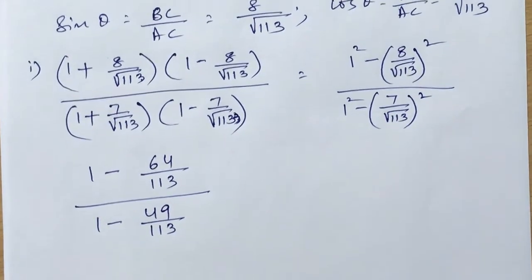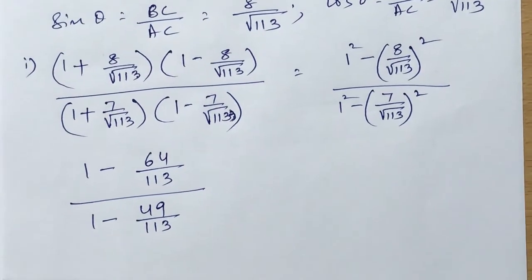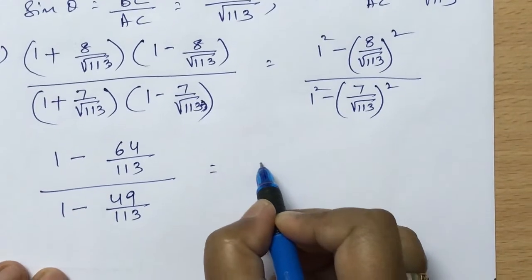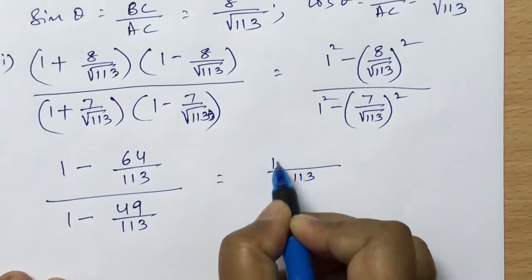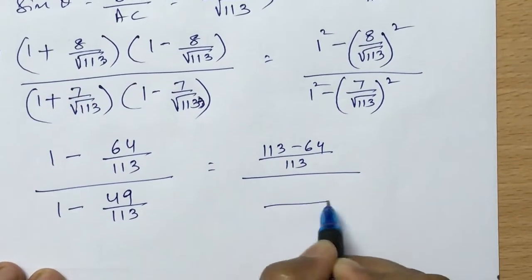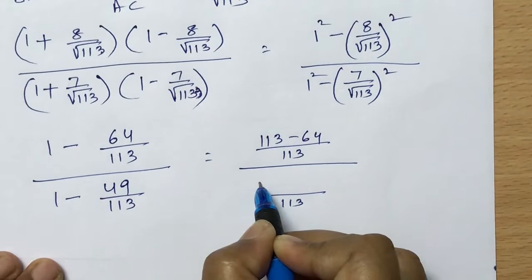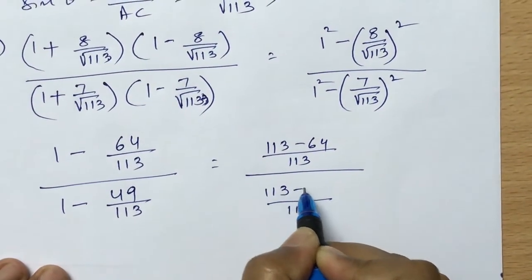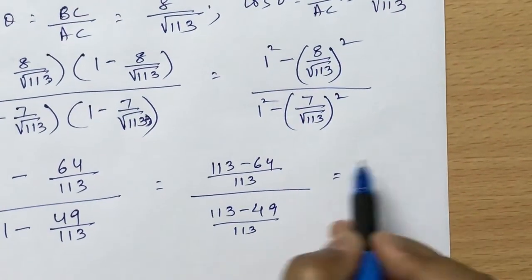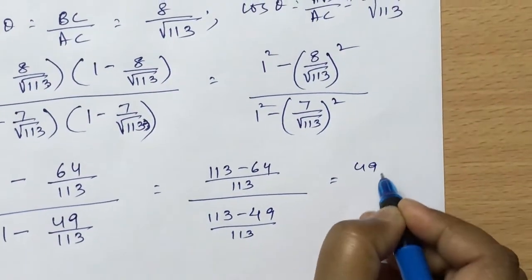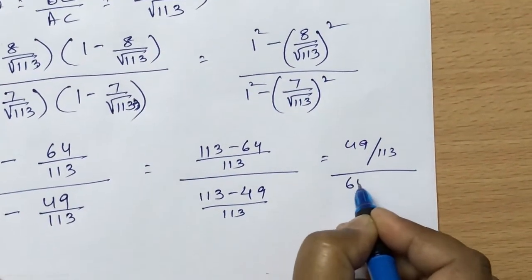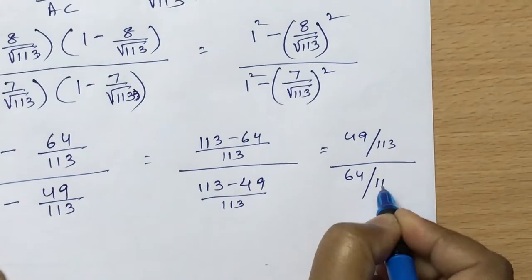If I put this, LCM will be 113. This will be 113 minus 64, and here LCM will be 113, you'll have 113 minus 49. So how much is it? This will be 49 by 113. This will be 64 by 113.